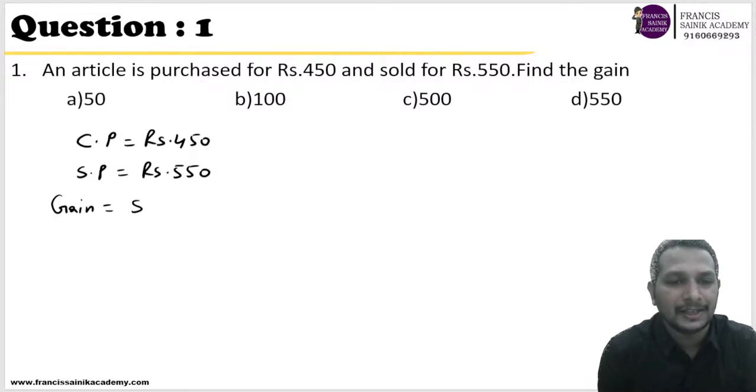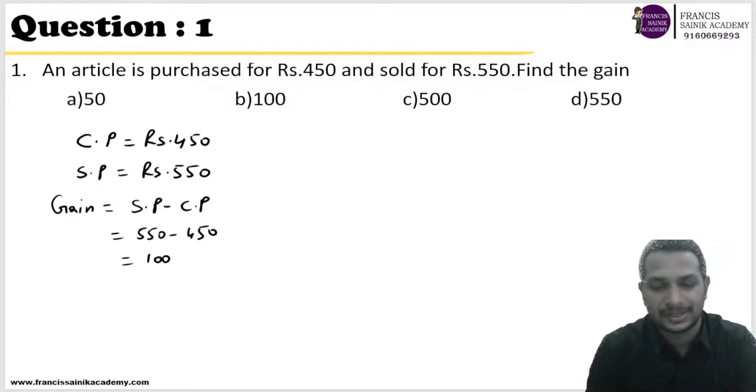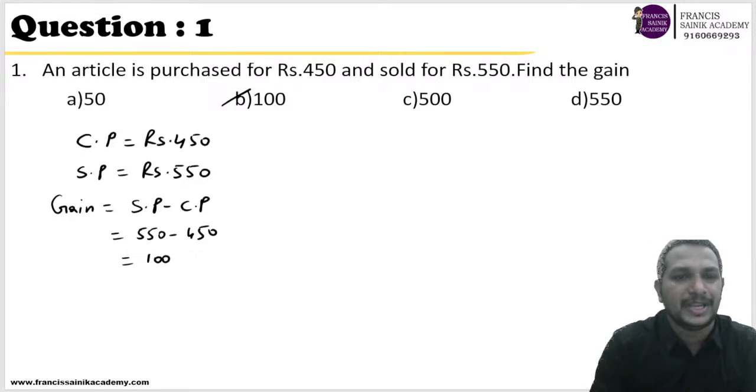According to the formula, gain is selling price minus cost price, which is 550 minus 450, which is 100 rupees. So the gain is 100 rupees, which is option B.